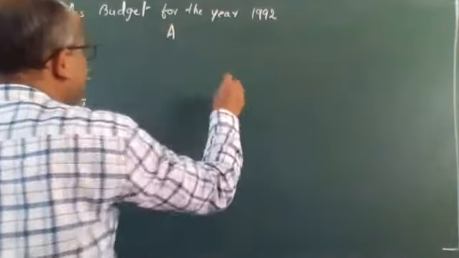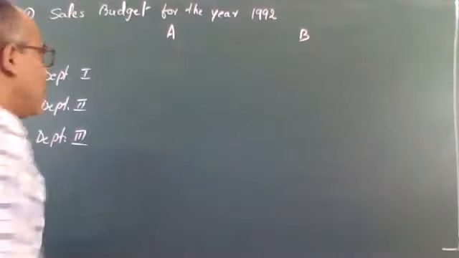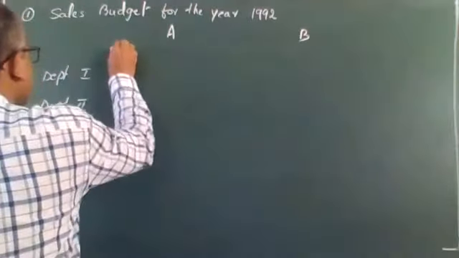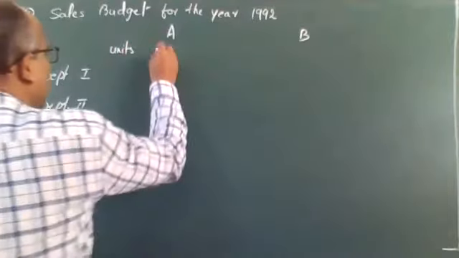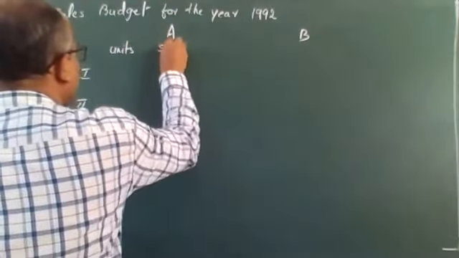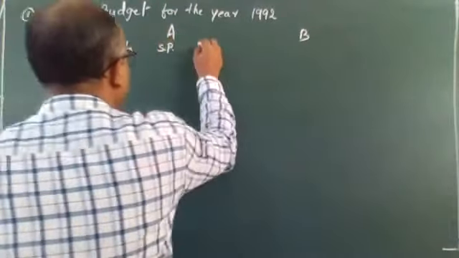Now what is it that you're going to show? We are having units, we are having the selling price per unit, and we have the total sales. Units, selling price and the sales.